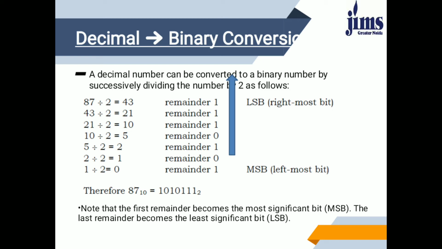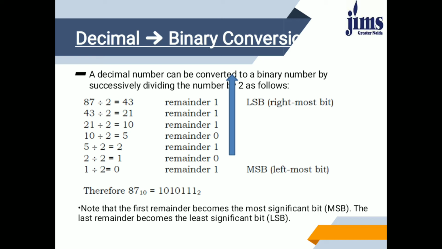How will we get this 0? Whenever the quotient is less than the divisor, the remainder will be according to that. So the last remainder will be your MSB and the first remainder will be your LSB.